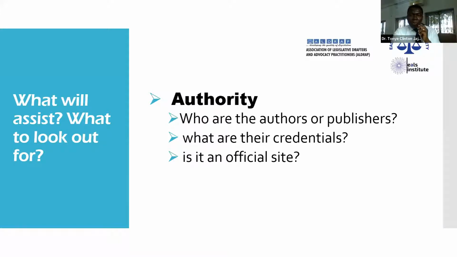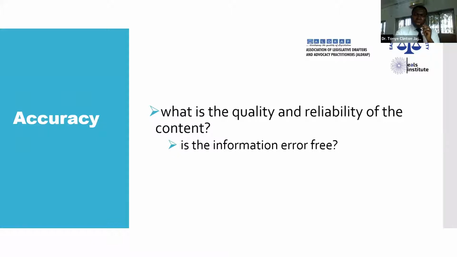Now, the next thing you need to know is the accuracy. I am a lecturer, so I also supervise master's students. Yesterday, a student brought the final version of his dissertation. I noticed at the footnote, the reference is accessed 2013.